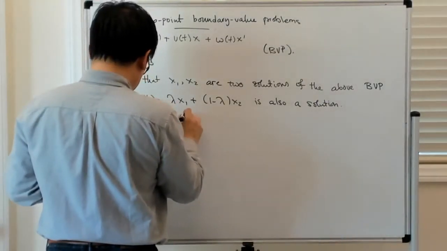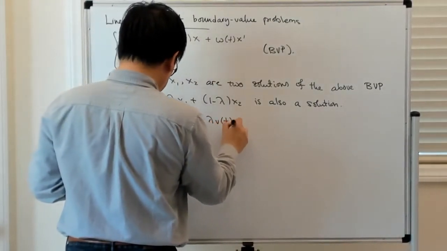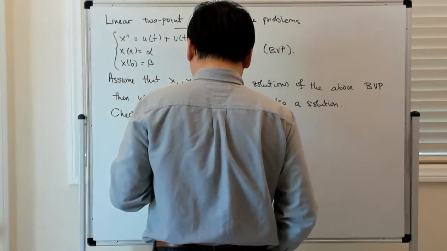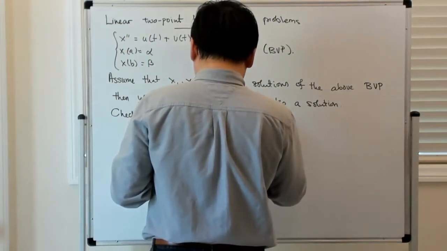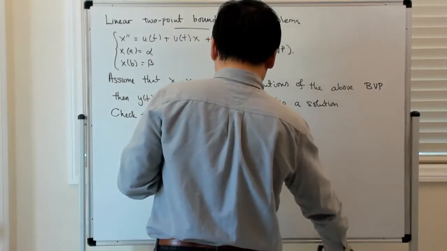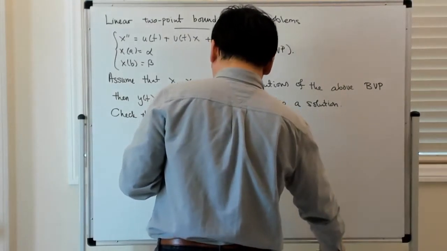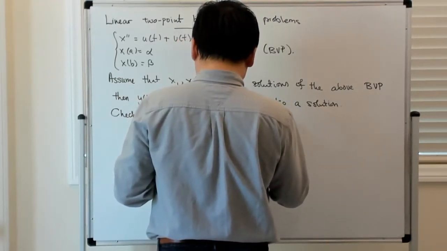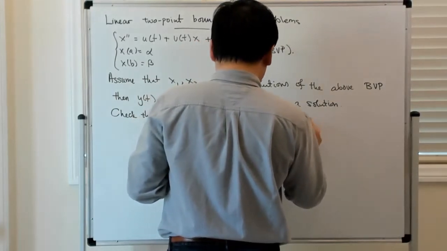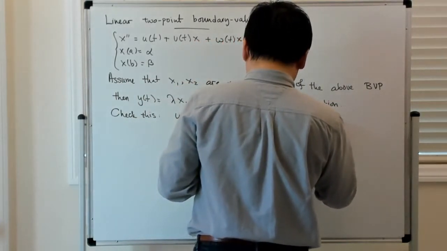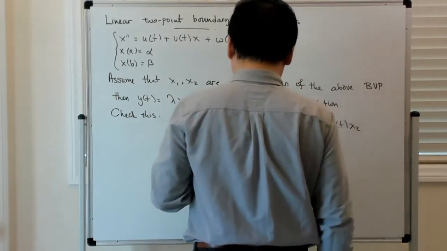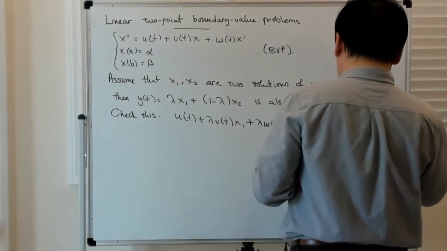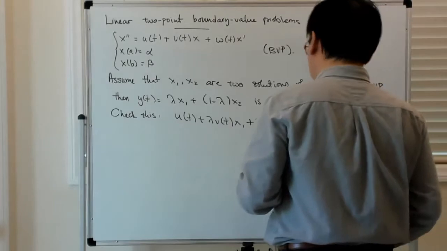If you have u of t plus lambda v of t x1 plus 1 minus lambda, plus lambda w of t x1 prime plus 1 minus lambda v of t x2, plus 1 minus lambda w of t x2 prime.